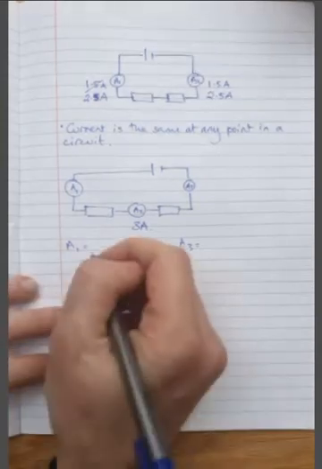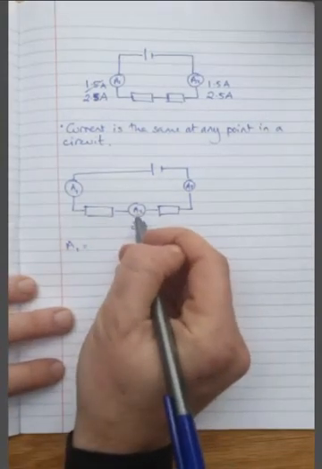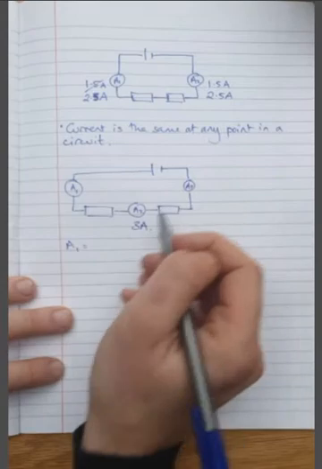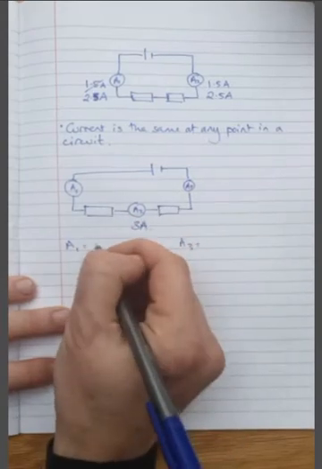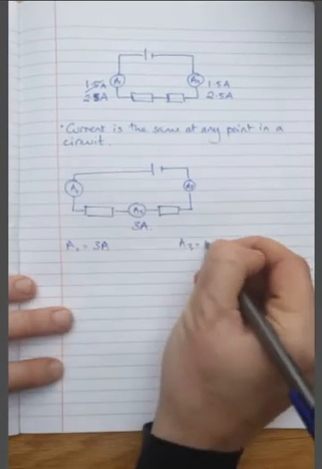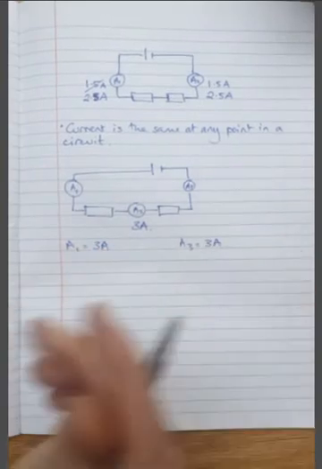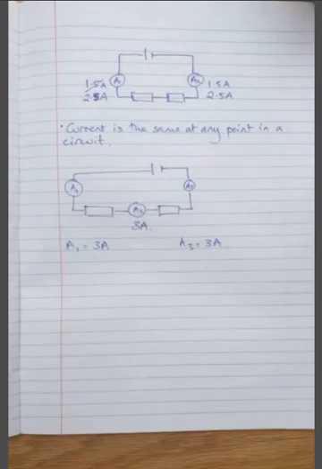Now, of course, what we should say is that it still doesn't matter whether we have 1, 2, 3 ammeters, and it still doesn't matter where they are. Our reading will still be 3 amps and 3 amps. So that's what you should have put.